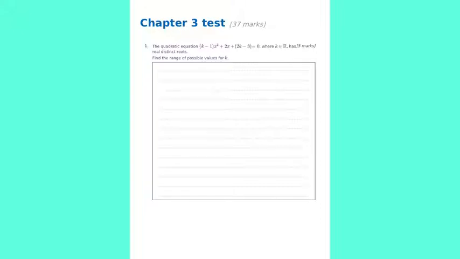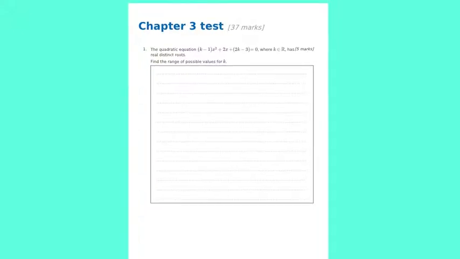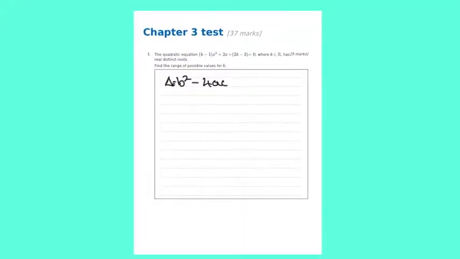In this question we use the discriminant, which is equal to b squared minus 4ac, and because it has two distinct roots, we want that to be greater than 0.